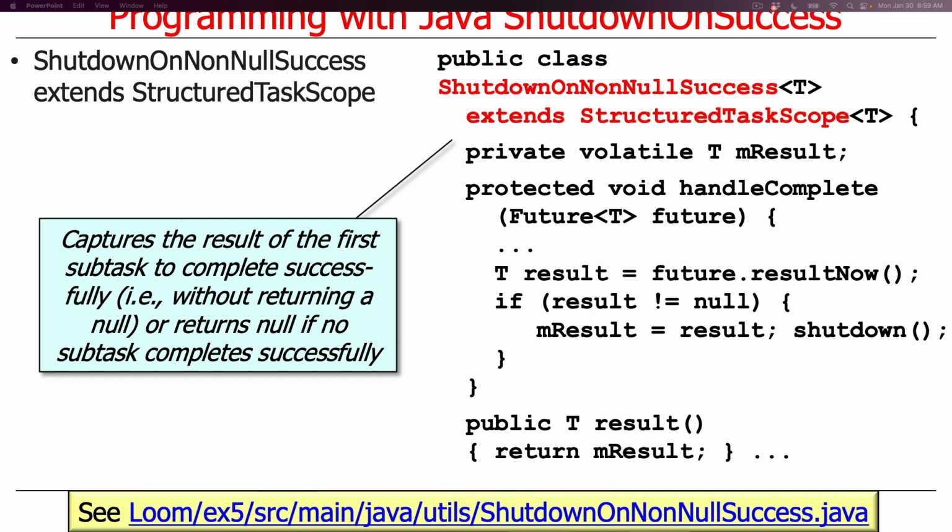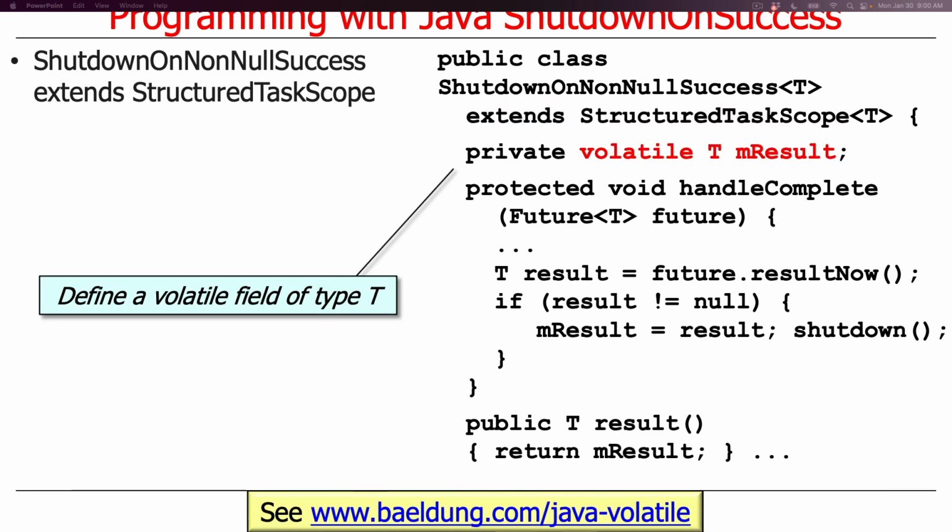So what this does is it's going to capture the result of the first subtask to complete successfully, in other words, without returning a null. If we looked in a list of randomly generated integers and none of them were prime, we'll just get back a null. So that means there were no results. It's not an error, it just means that there were no matching results. So let's see how we do this.